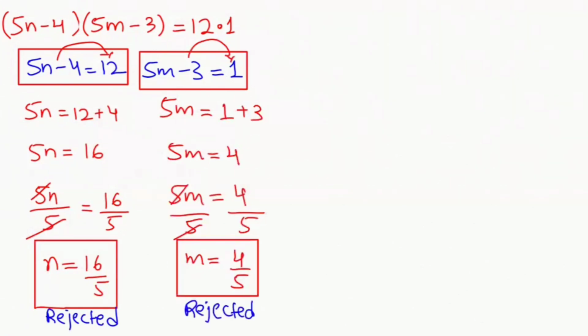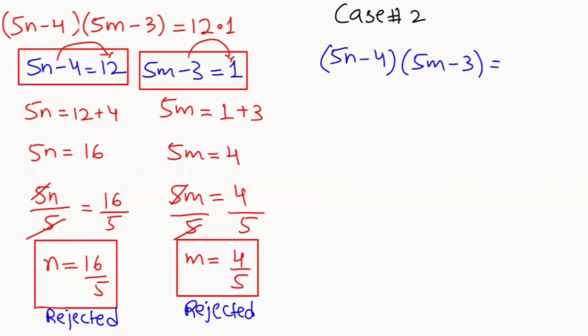Now I'm going to solve case 2. The expression we have is 5n minus 4, 5m minus 3, and the factor we have is 2 times 6. Now we're going to compare: 5n minus 4 is equal to 2, 5m minus 3 is equal to 6.